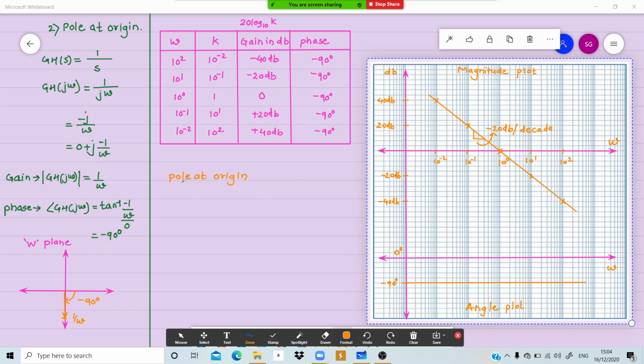I'll write single pole. Why? Because single pole is more important, right? So I'll write single pole at origin.